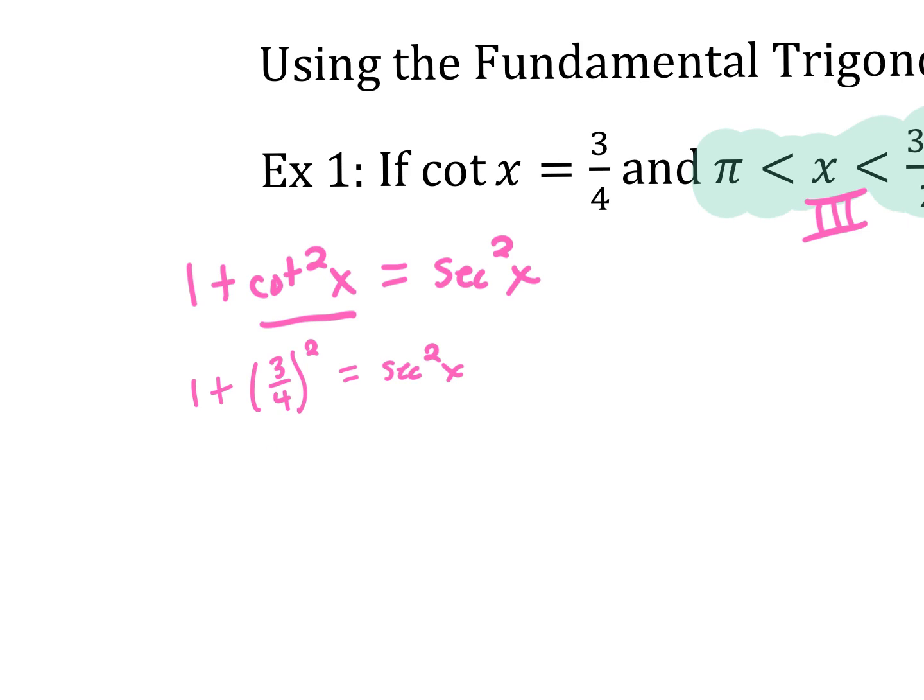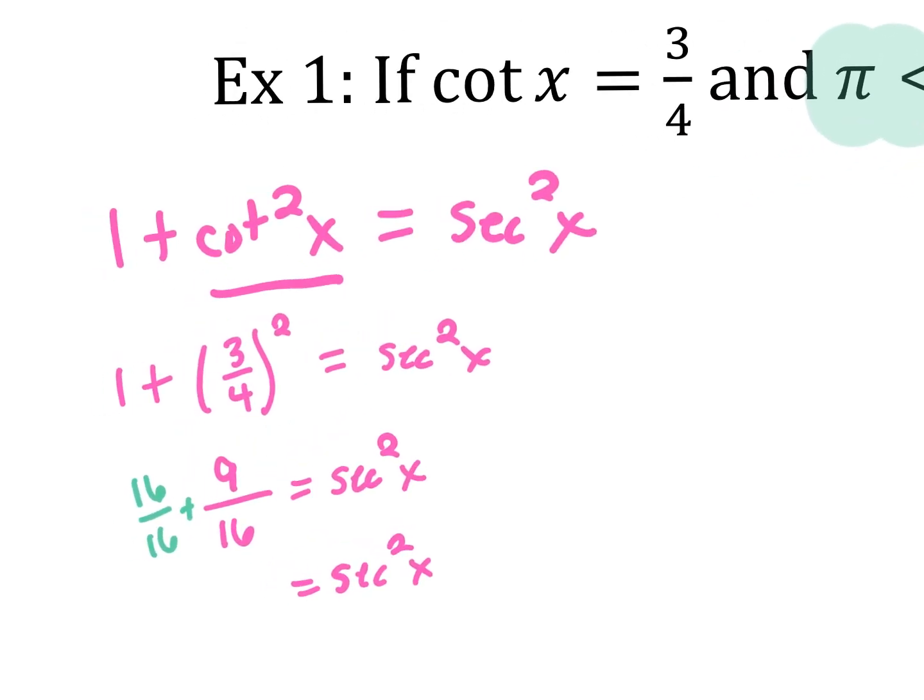So we square 3, we get 9. We square 4, we get 16. I think I want to rewrite that 1 as 16 over 16. That might make things a little bit easier. Right? So if cosecant squared of x is equal to 9 plus 16... Thank you.